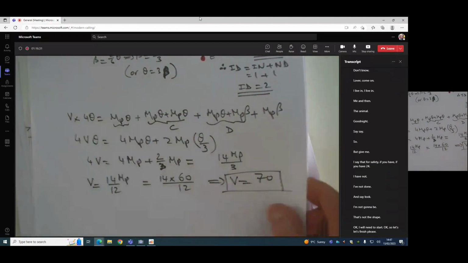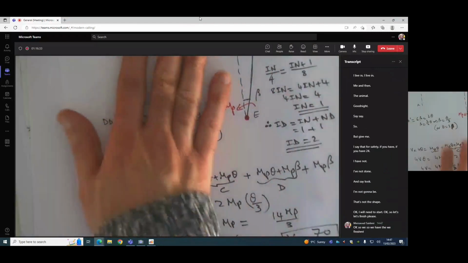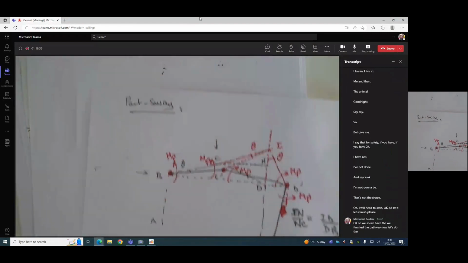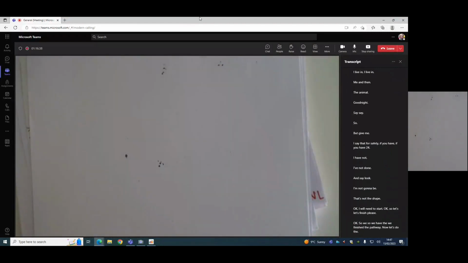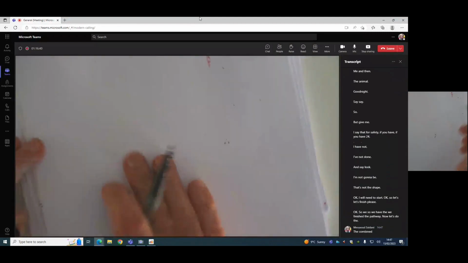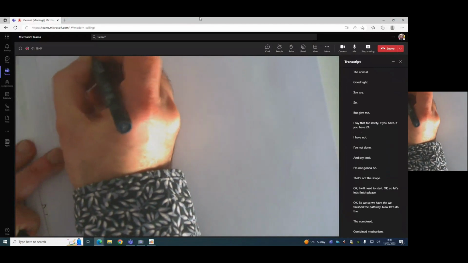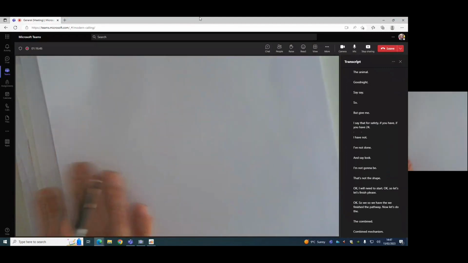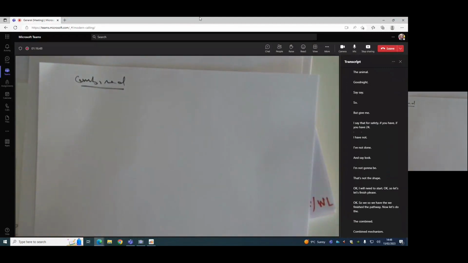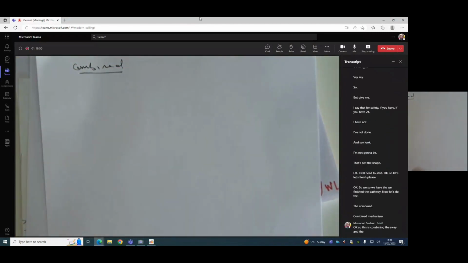Okay, so we finished the pathway. Now let's do the combined mechanism. Okay, so this is combining the sway and the pathway.